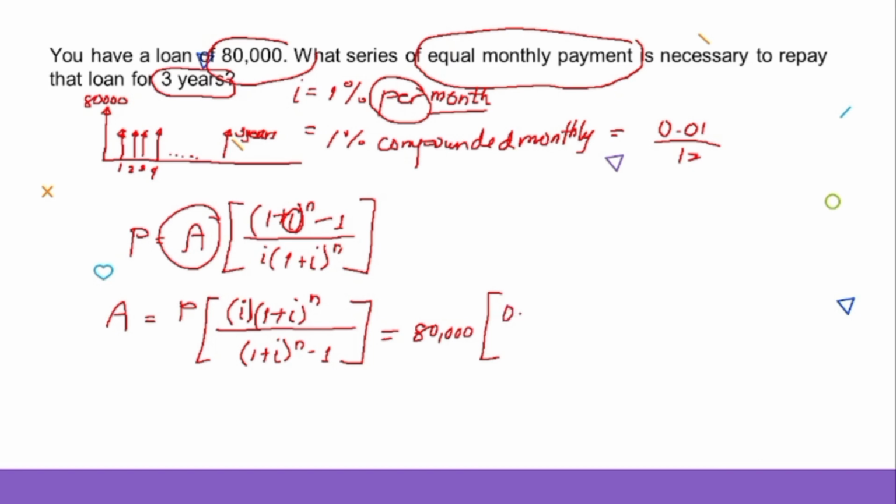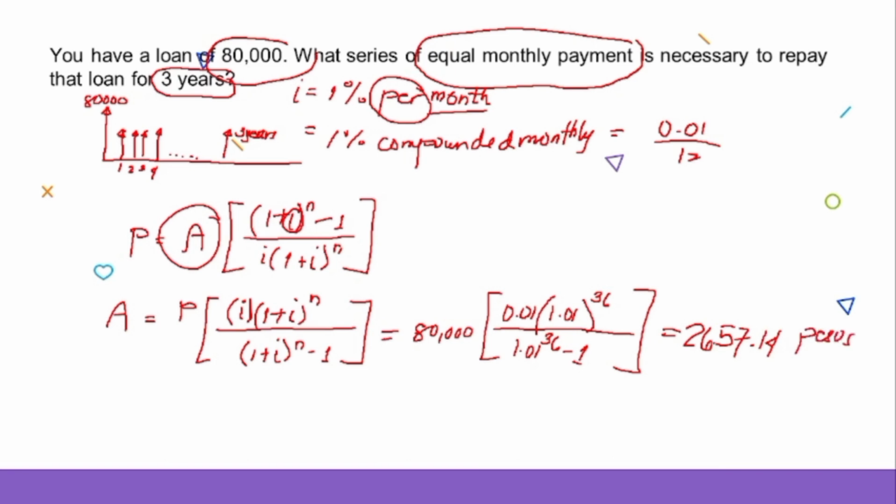Our interest 0.01 times 1.01 raised to 36 all over 1.01 raised to 36 minus 1. So this is equal to 2,657.14 pesos for the next 36 months. Ito yung kailangan mong bayaran monthly para mabayaran mo tong loan mo na 80,000 pesos.